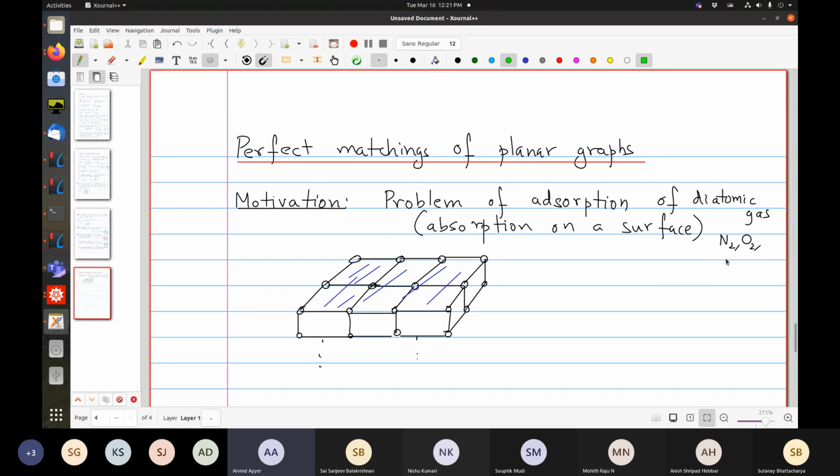So N2, for example, is N. Let's say this is N. What's going to happen is one N is going to sit here, and they're going to be matched. And maybe another N is going to sit here, another N is going to sit here, and they're going to be matched.